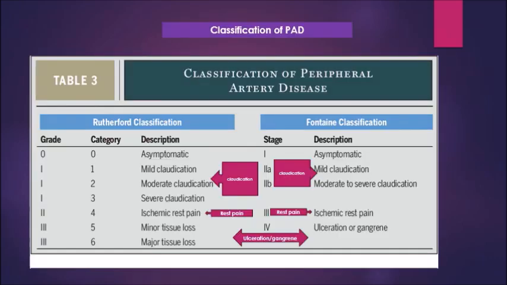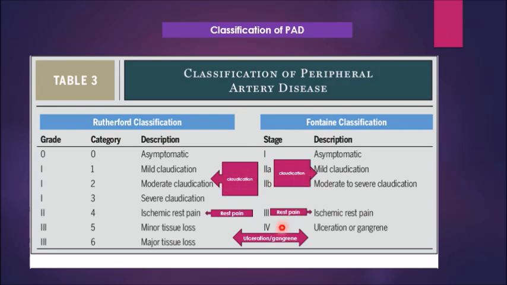Now, how do you classify peripheral arterial disease? This is a simple classification by Rutherford and Fontaine, the two classifications normally used. Basically, it classifies the patient into main categories. First, asymptomatic. Then the symptoms of claudication, where the patient develops pain on walking.